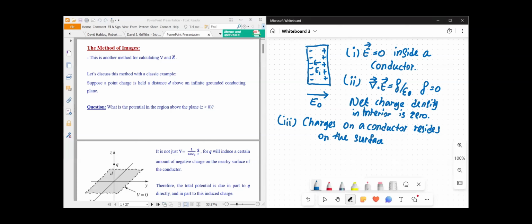So these electrons are on the surface here, and because electrons move to the surface here, excess positive charge will be on the surface here.